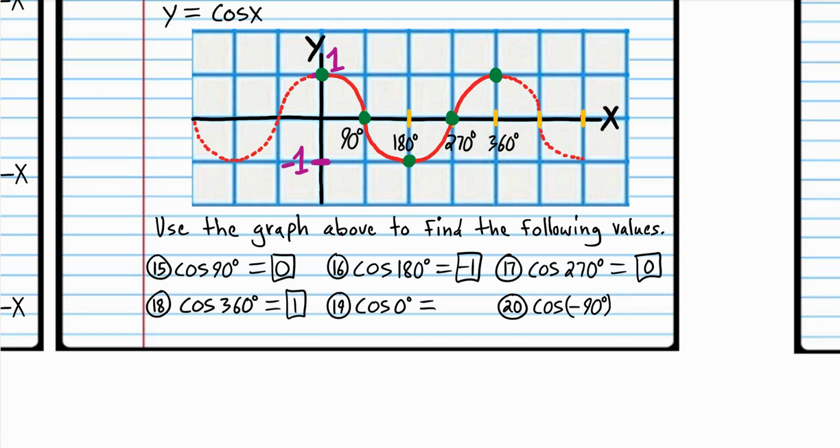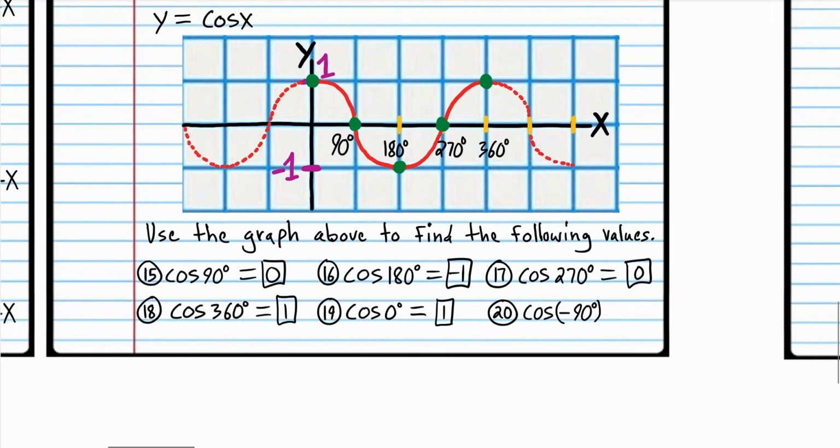Cosine 0 degrees, you don't go anywhere, we just stay here. What is the y value of the point? Well, you have to go up to here. The y value is 1. So this is just how we calculate the values of these trigonometric functions when the angles are multiples of 90.